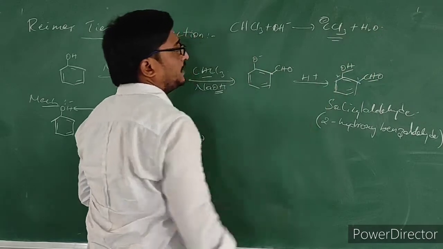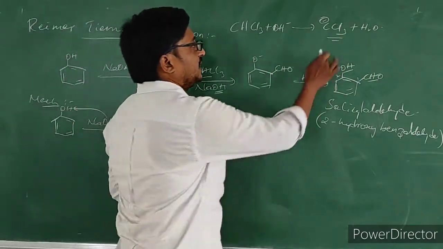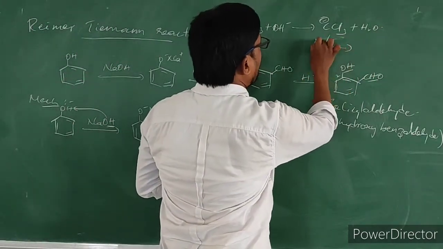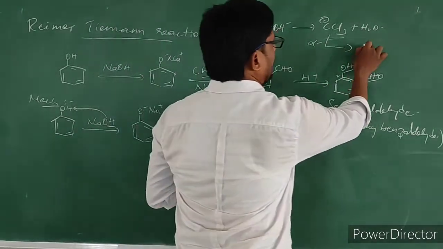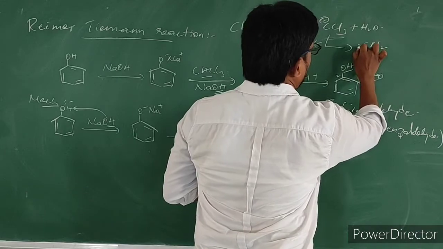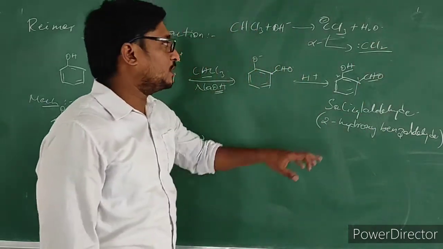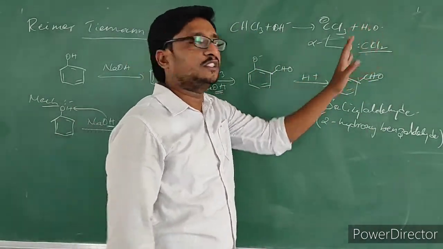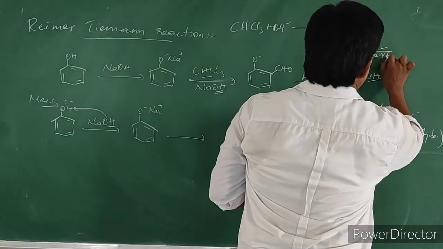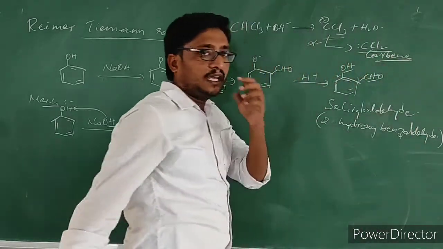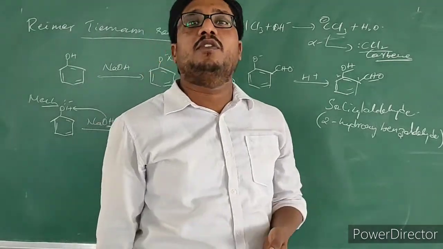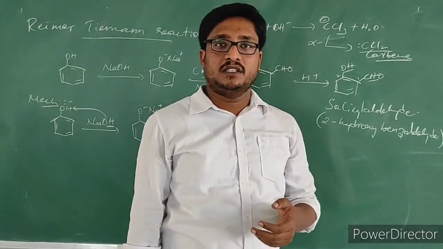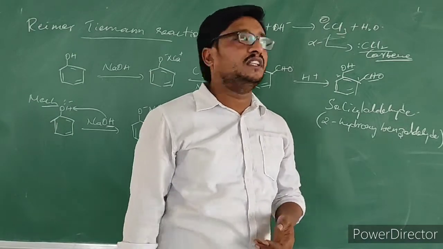The CCl3 minus which got produced here will undergo alpha elimination, resulting in the formation of dichlorocarbene. Carbenes, we know, are electrophilic in nature. They act as electrophiles. They are electron deficient in nature.